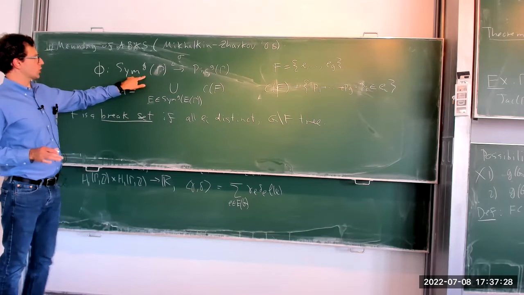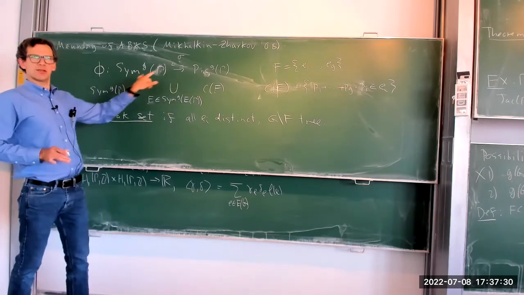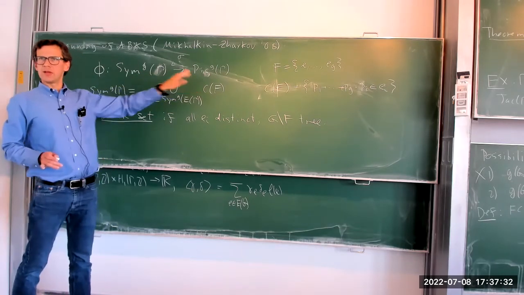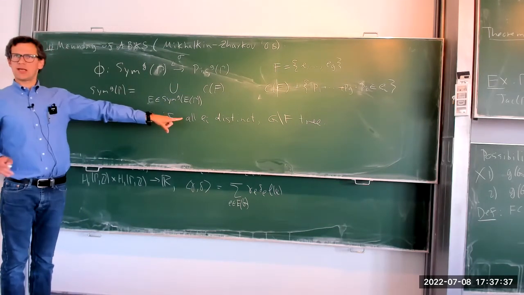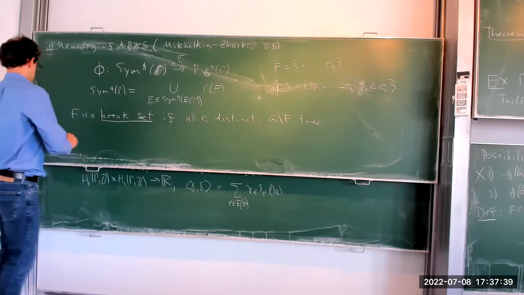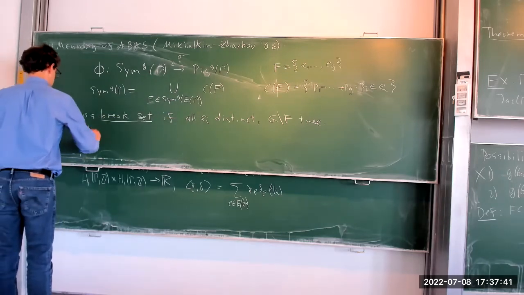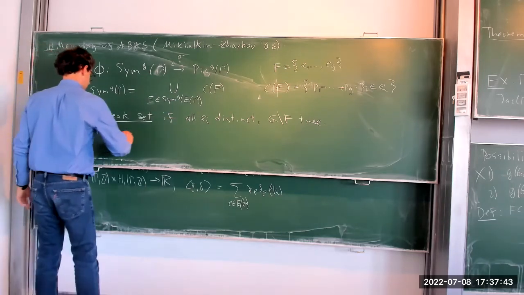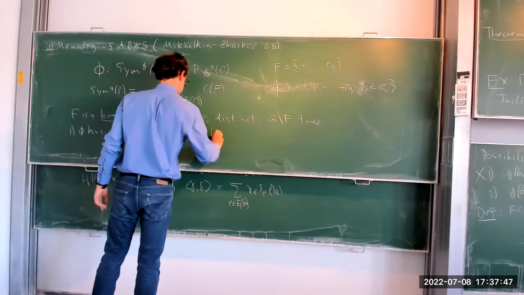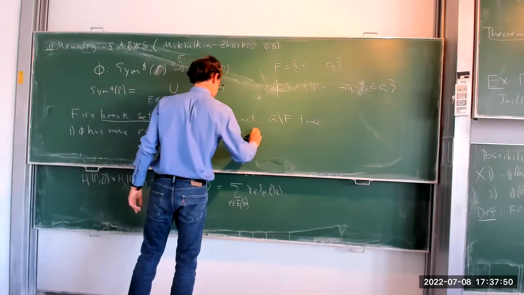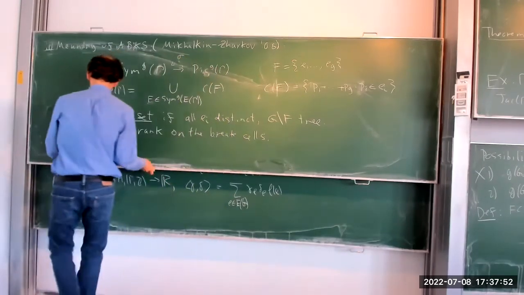So this is a dimension G thing. This is a dimension G thing. This is locally just an affine linear map. And so what they prove is that this affine linear map has maximal rank on exactly the break cells. So phi has maximal rank on the break cells. Okay.